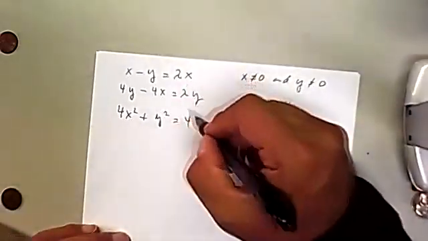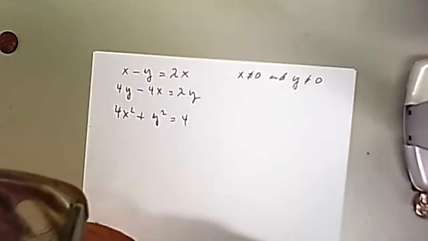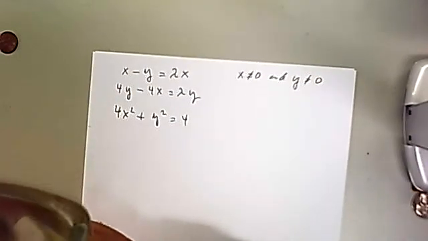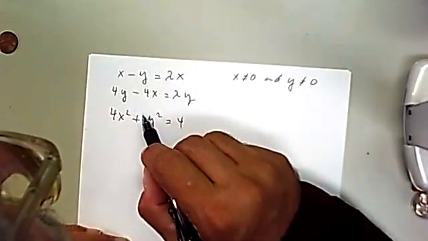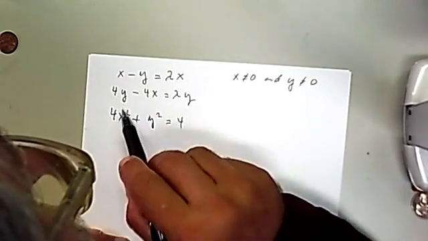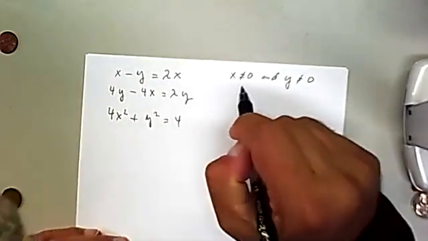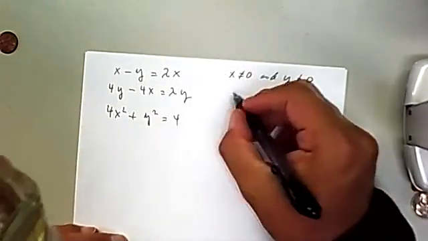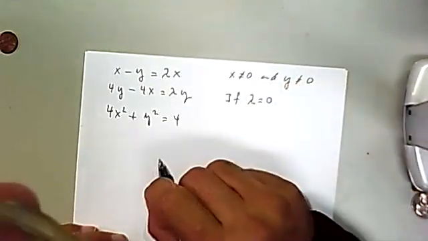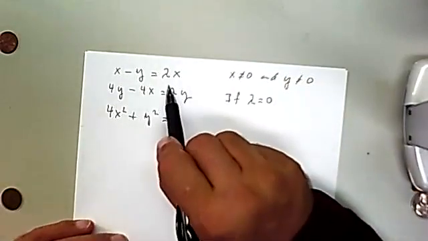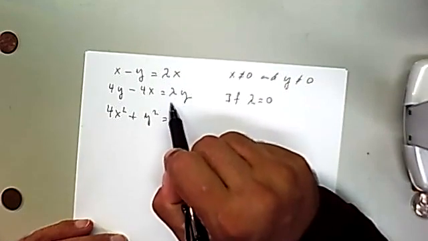So now we still have to solve this system of equations. I'm trying to think how to solve this. Okay, lambda may be 0. We did not quite finish that. It seems that it would be nice if I could divide by lambda at some point.